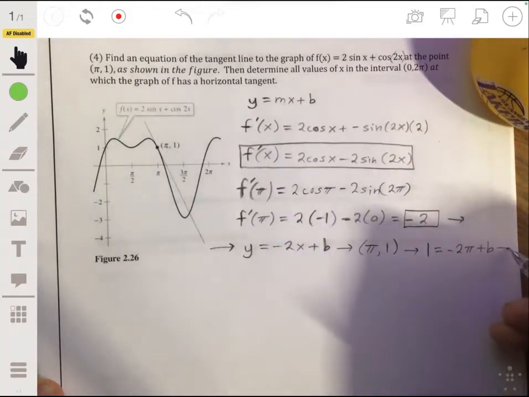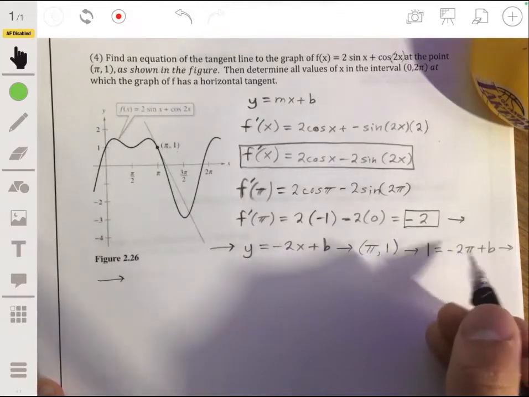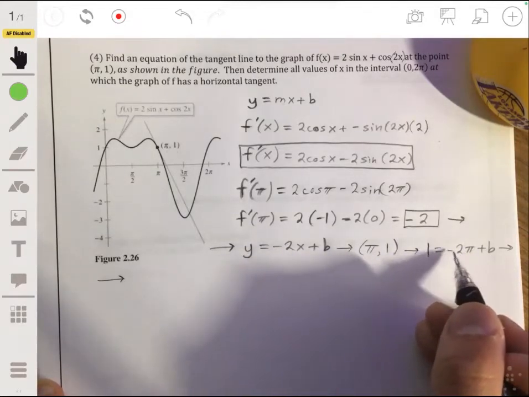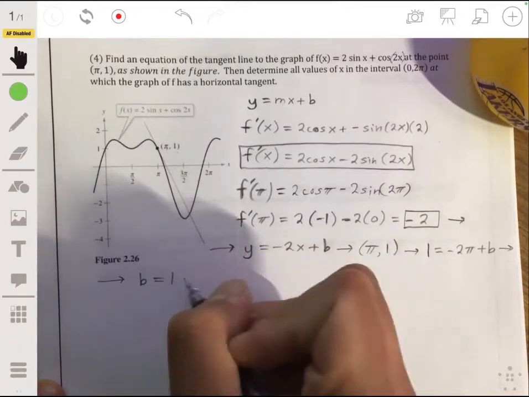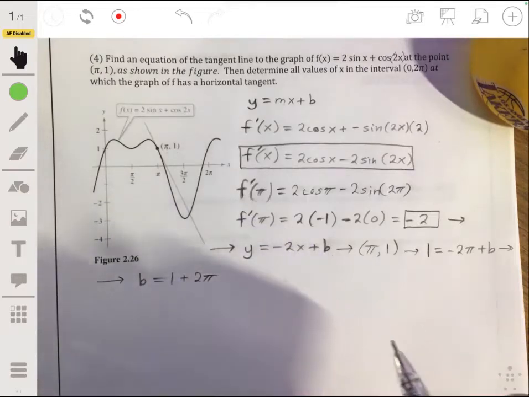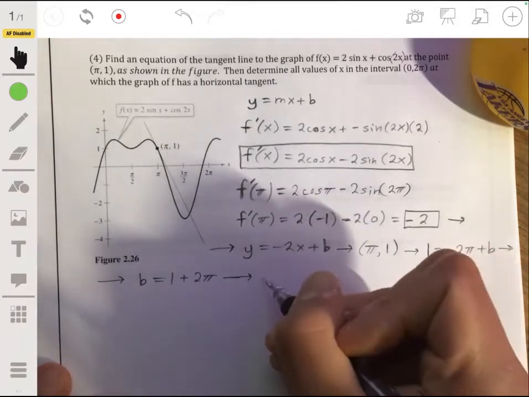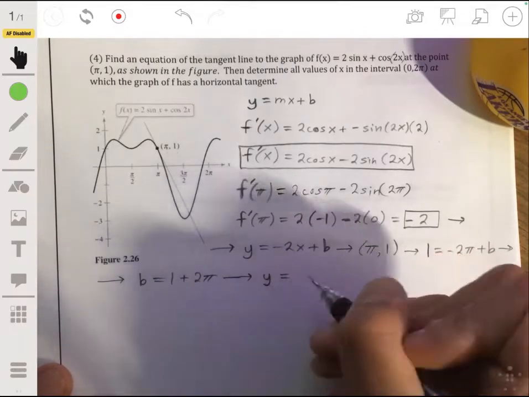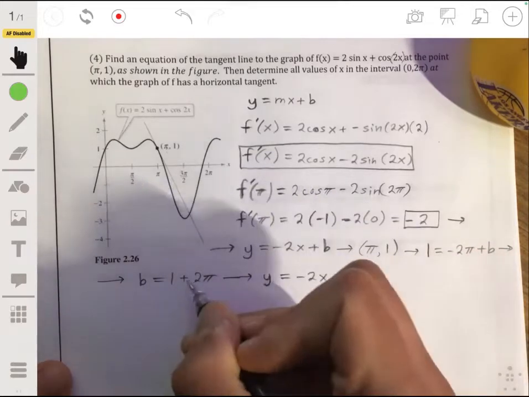So we solve for b. So we get that b is equal to 1 plus 2 pi. And so we have our equation for our tangent line, which will be y is equal to -2x plus 1 plus 2 pi.